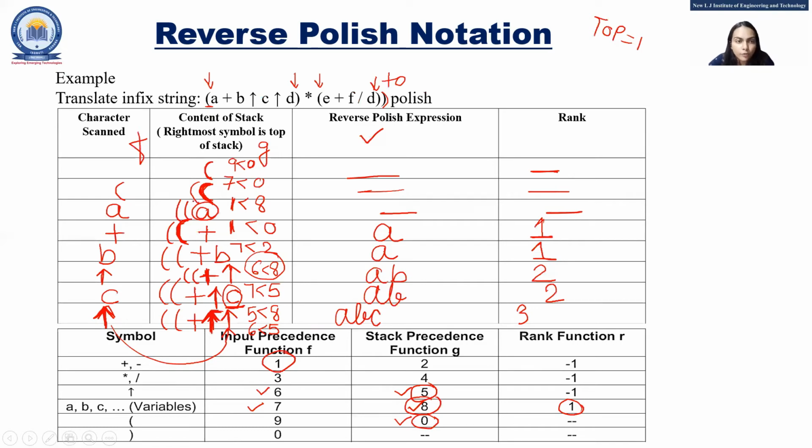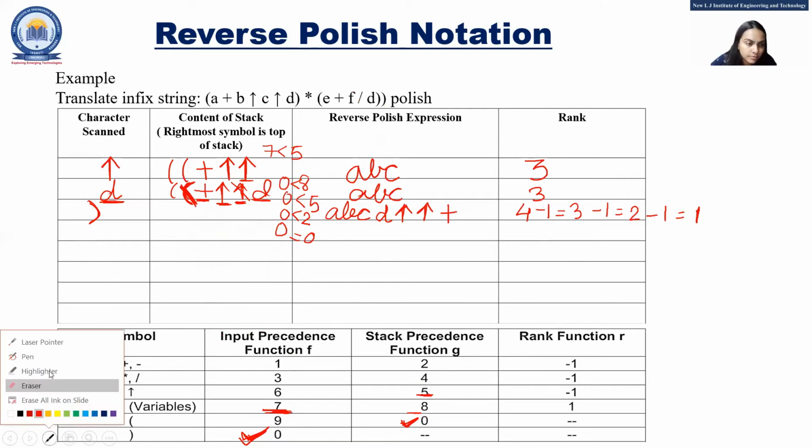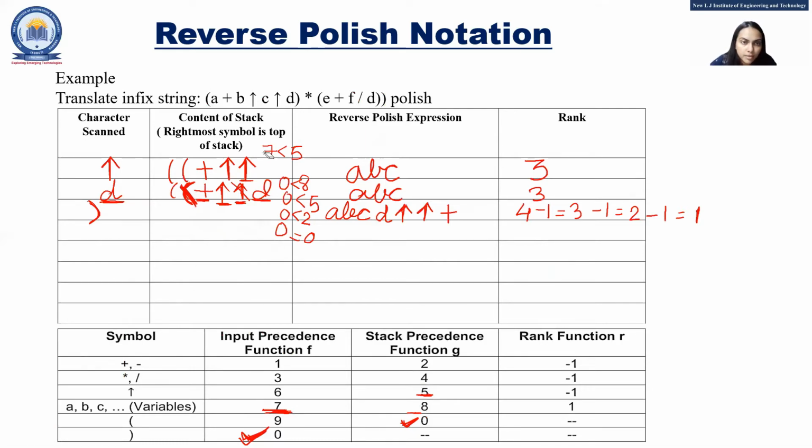So s of top would be popped. After this whole step, what we are left with, I'll erase the other things, is just a bracket because this is popped out. So we are just left with one bracket.